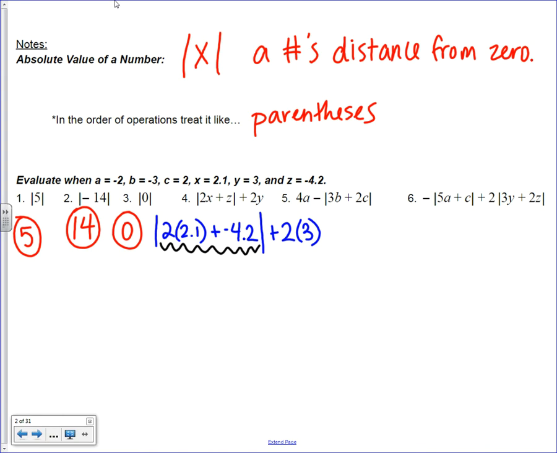I just want you to type in what's inside the bars. They're the parentheses, guys. You have to do those first. What are you getting? You're telling me 2 times 2.1 plus negative 4.2 is 21.